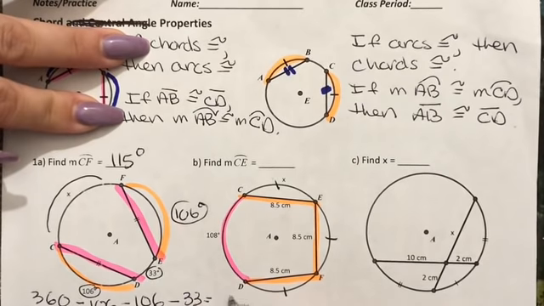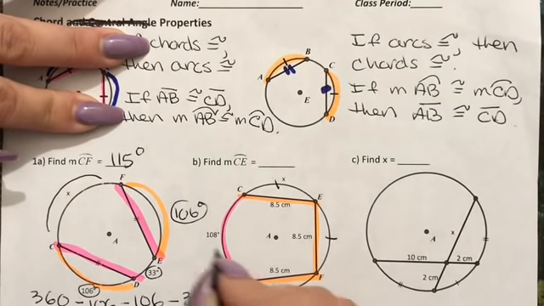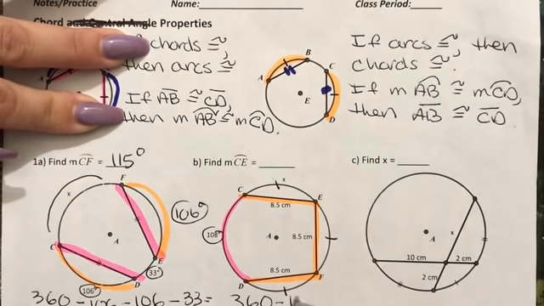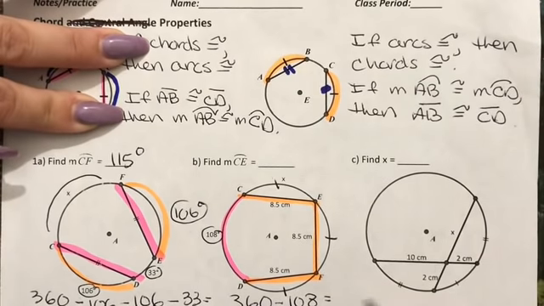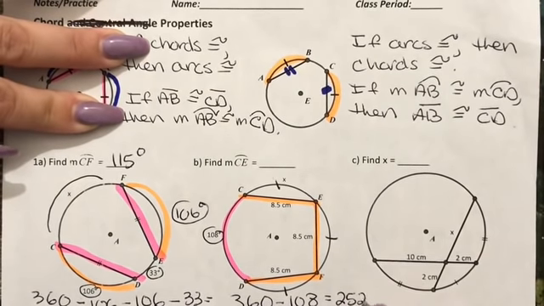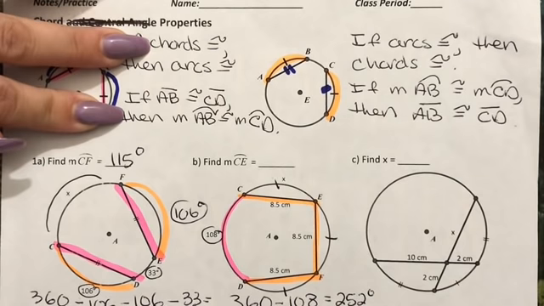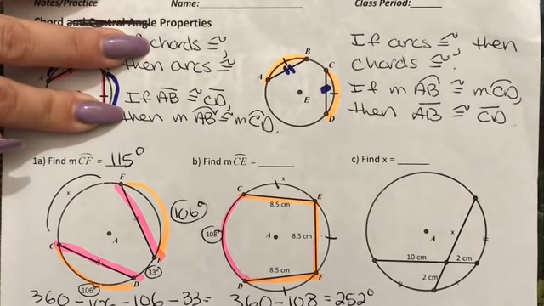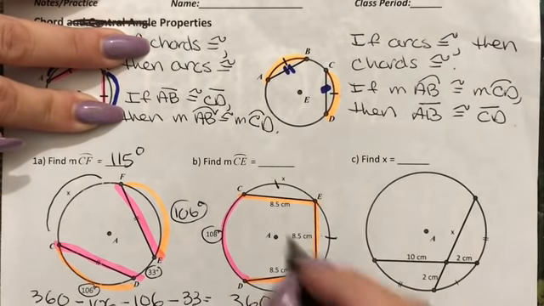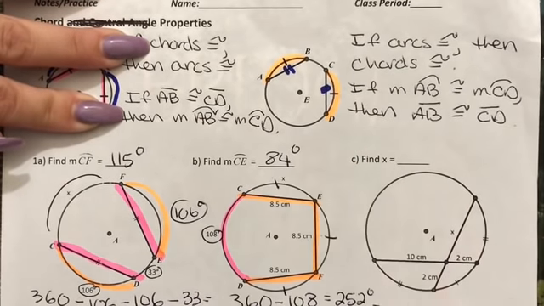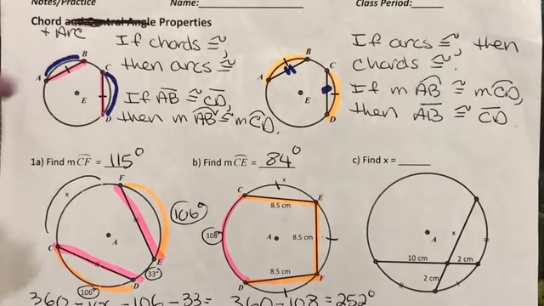So what I can do is I can take 360, subtract what I know, which is 108, and I get 252 degrees. And since I have 3 equal chords left, I can divide that by 3, and I'm going to get 84 degrees.